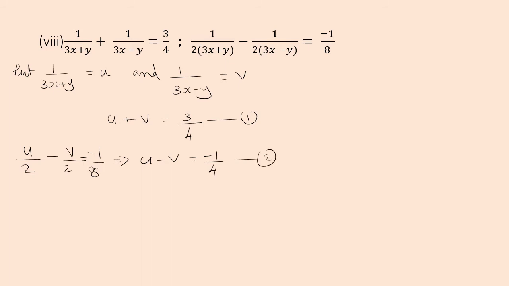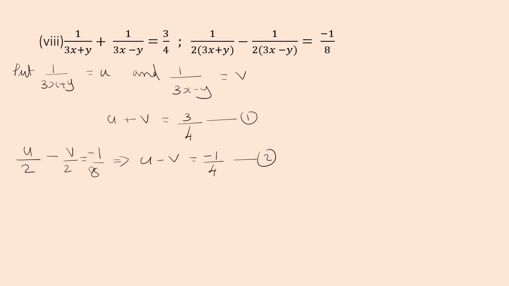Now, in equation 1 and 2, the coefficients of the variable v are same and of opposite sign. By adding equation 1 and 2, you can eliminate the variable v.